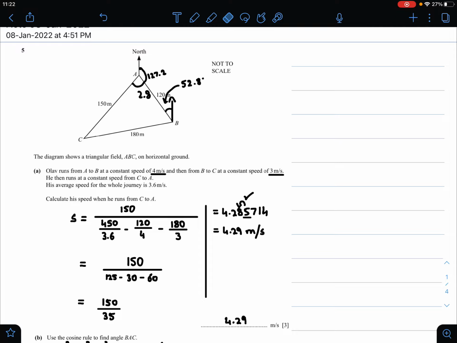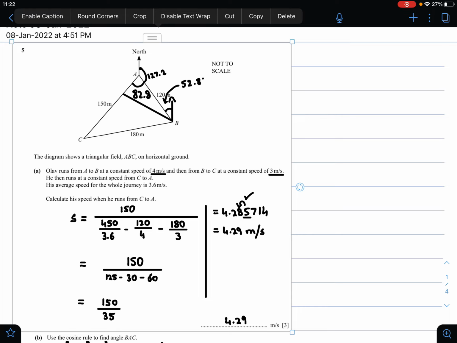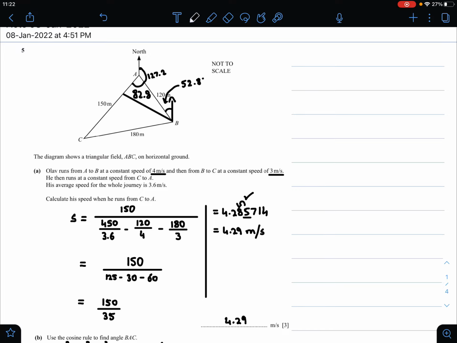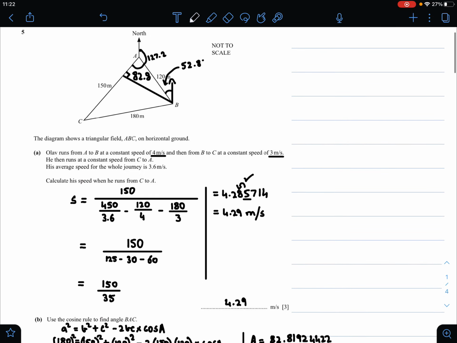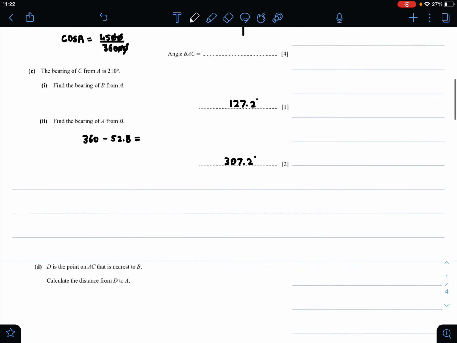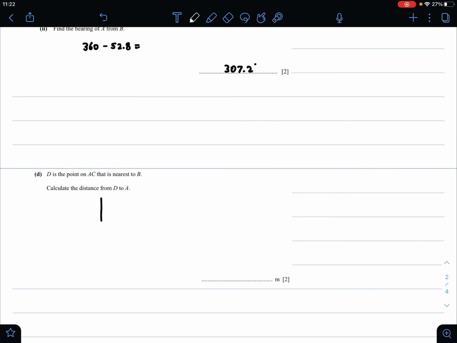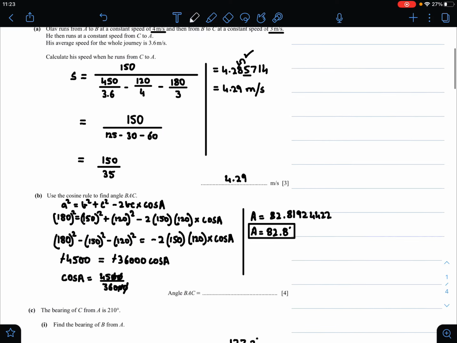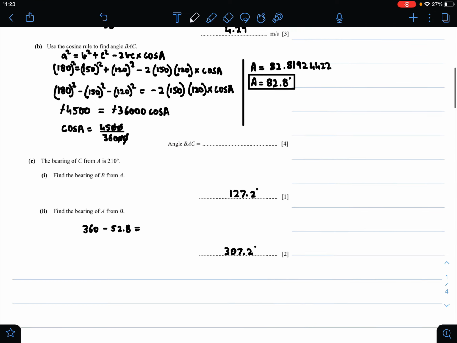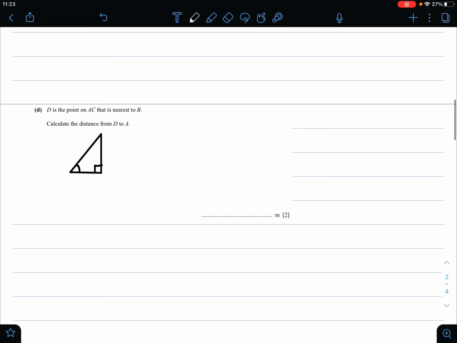So since this would be 90 degrees, we have a right angle triangle. So I'll just draw it separately over here. So the right angle triangle looks somewhat like this. We have one angle inside that is 82.8 degrees.